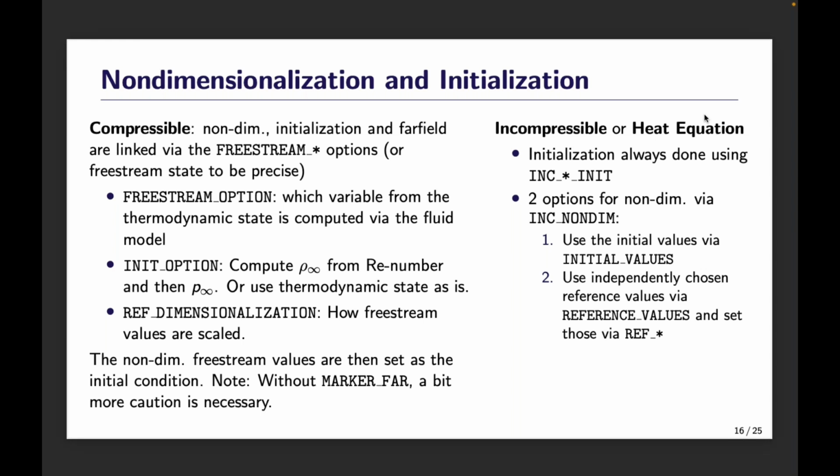So you hard set the initial options, and then for the non-dimensionalization, you have the possibility to reuse these initial values or use reference values. And actually there on the slides, I also got confused, because it's actually inc underscore velocity underscore ref and not ref underscore something. So I also maneuvered myself there in a pretty bad situation.